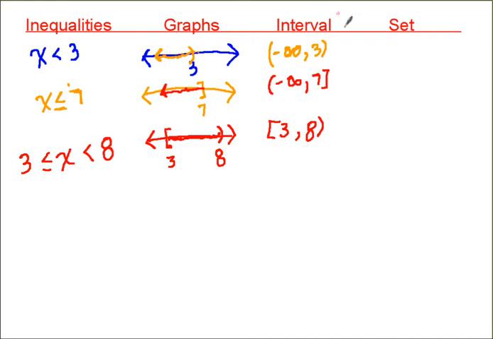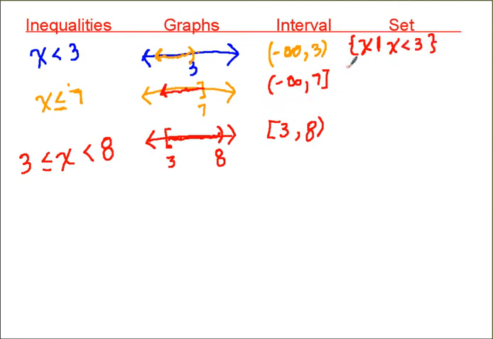Alright, set notation. We use brackets here to denote a set. Since I'm working with the variable x, that's the one I start with. Then we draw a vertical line. That vertical line basically means such that. So I have x such that, and then in this case, x is less than 3.